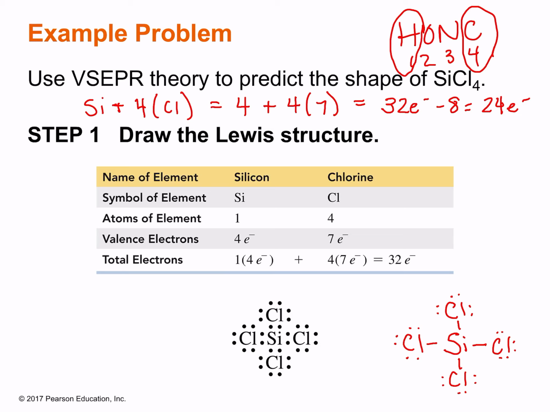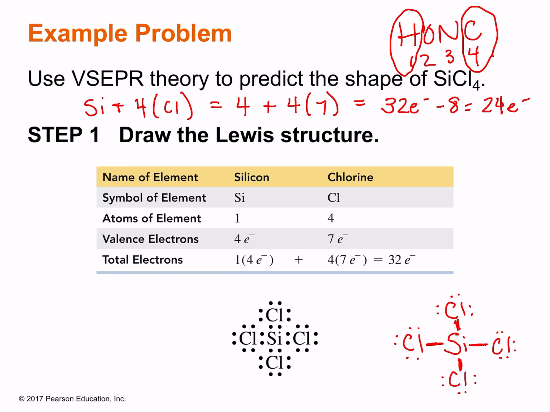We're done drawing that. So the first step is to always draw the Lewis structure. Then our next step is to think about all of those shapes that we just learned. How many areas are around the silicon? Remember, we're just looking at the silicon. Silicon has 4 bonds going to it: 1, 2, 3, 4.